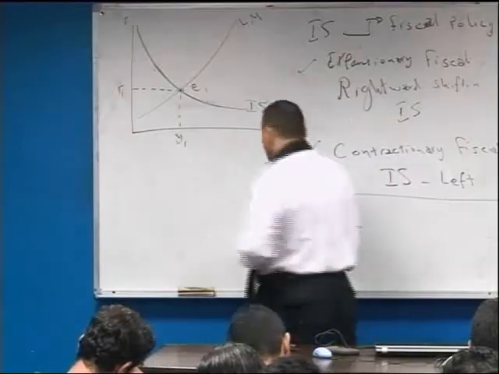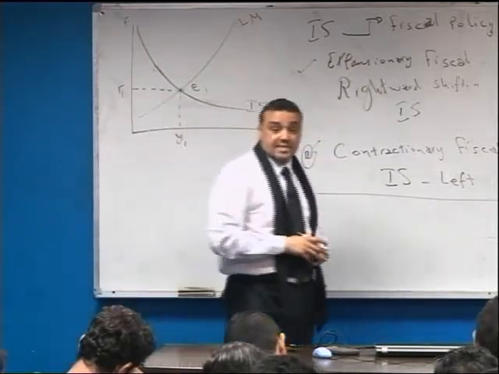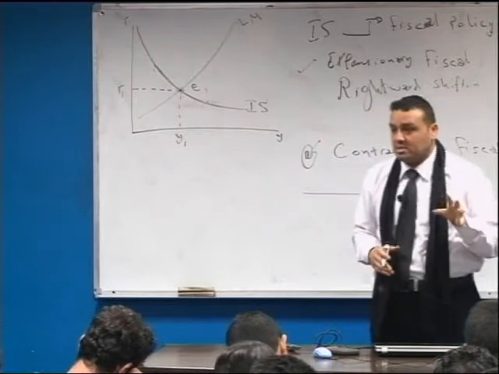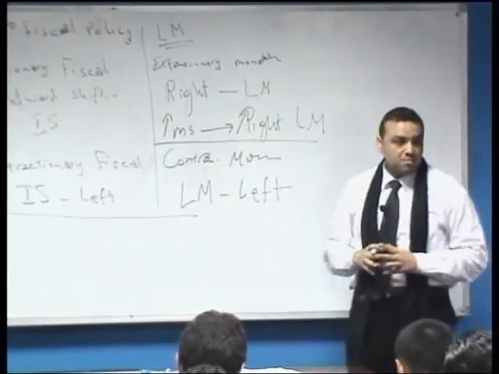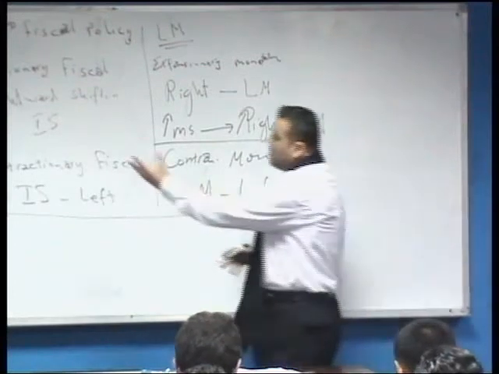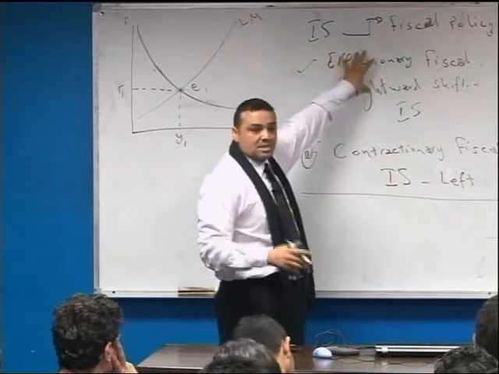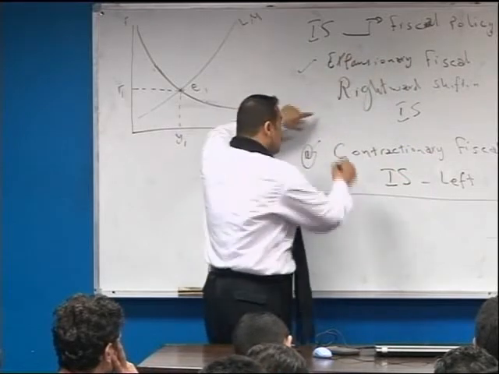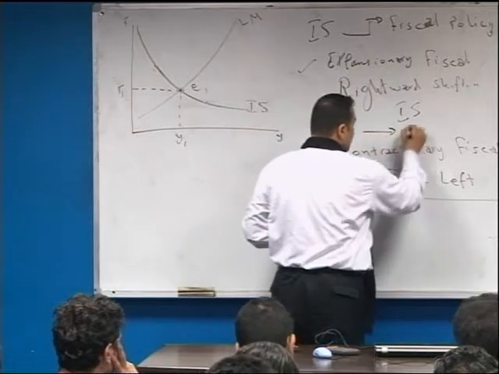So as we mentioned, the IS curve is sensitive to what? To fiscal policy, and LM is related to monetary policy. If the government uses an expansionary fiscal policy by maybe increasing government spending, IS will go to the right.